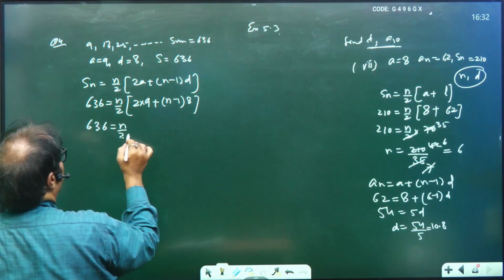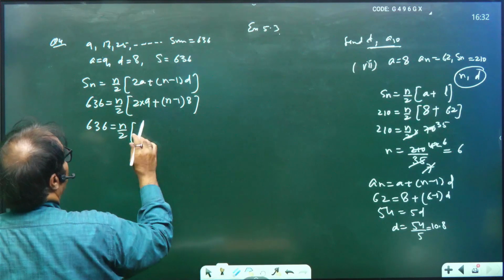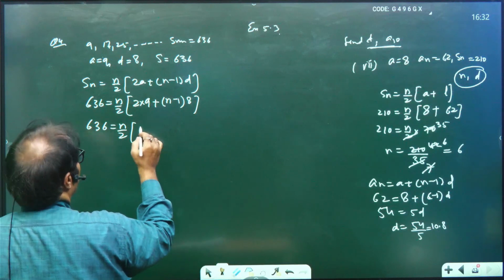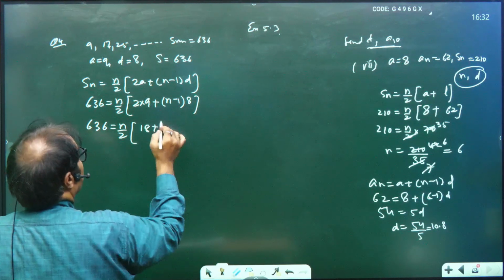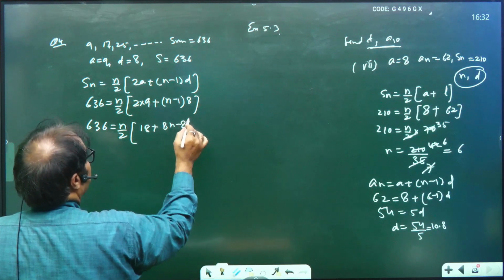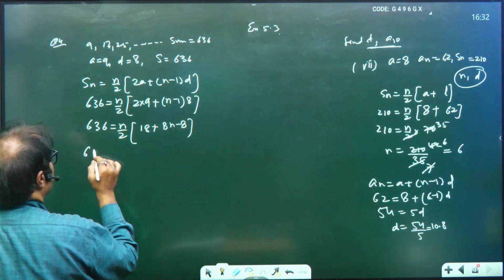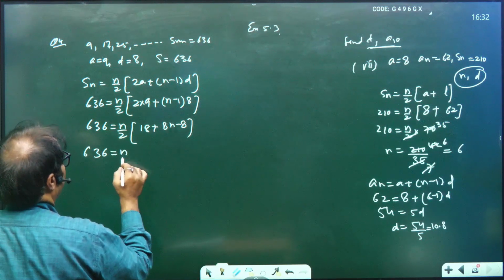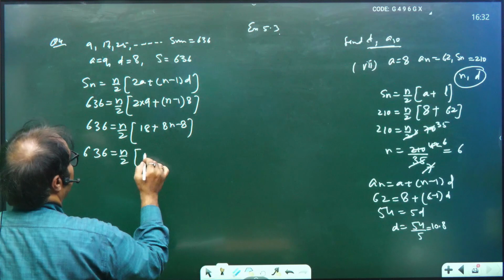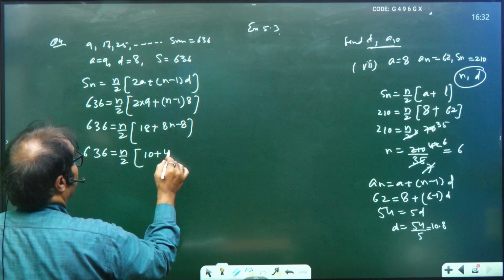Okay, so 636 equals n by 2. Now take 2 as common, or simplify. Then 8n minus 8. So this is 636 equals n by 2 into (18 minus 8, that is 10, plus 8n).